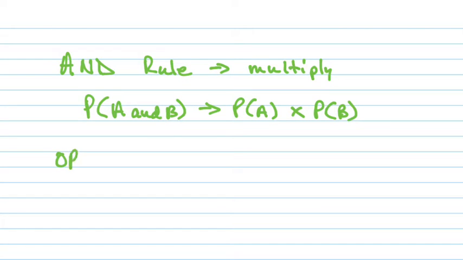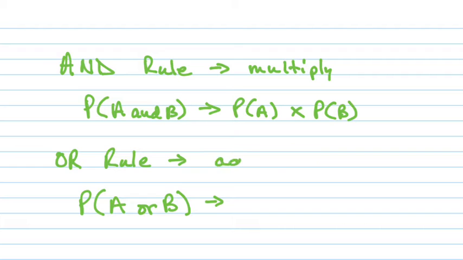There's also something called the OR rule. Now, the OR rule says that the probability of A or B can be found by simply adding those probabilities together. So the probability of A plus the probability of B. Now, this one can get a little more complicated when the events are not mutually exclusive, but we're not going to worry about that right now because probability tree statements are always exclusive, right?